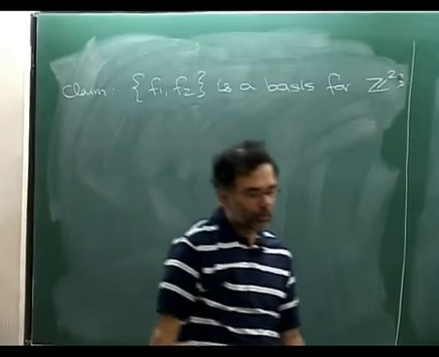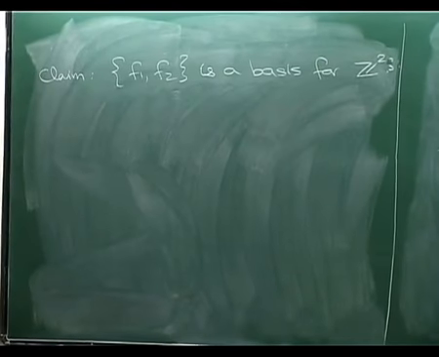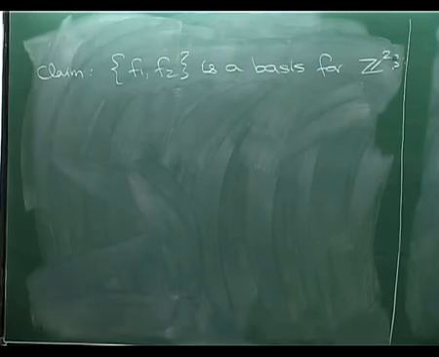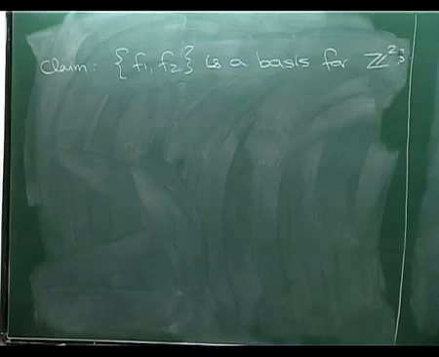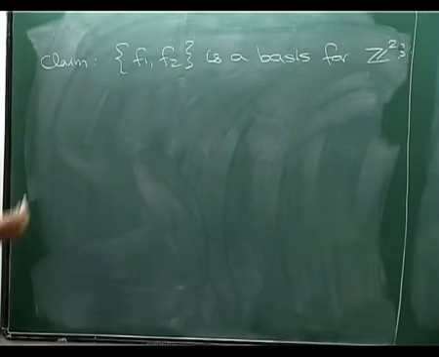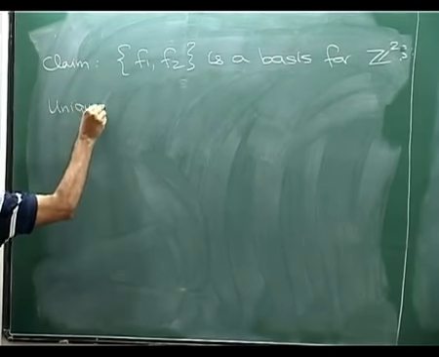So what do we have to do in order to prove this? What does it mean to say that it's a basis? I have to show you two things: one, that every element of Z2 can be represented as a Z linear combination of F1 and F2, and two, that this representation is unique. So let me first do uniqueness, then I'll do existence.